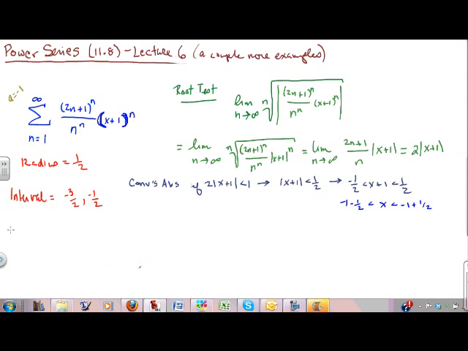So let's try x equals negative 3/2. So we're looking at the sum, n equals 1 to infinity of (2n plus 1) to the n over n to the n. And negative 3/2, that's going to be negative 3/2 plus 1 is negative 1/2 to the n.